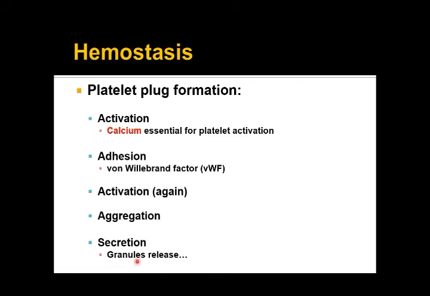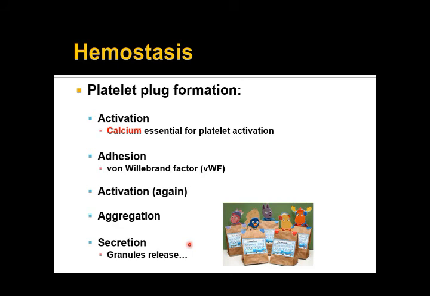And then finally, the last stage of platelet plug formation is the secretion of granules. And granules meaning that that's when the goodie bags, which platelets are, they open up and they release all of their goodies. And those goodies can be neurotransmitters that can reduce the amount of pain that's felt in the area.